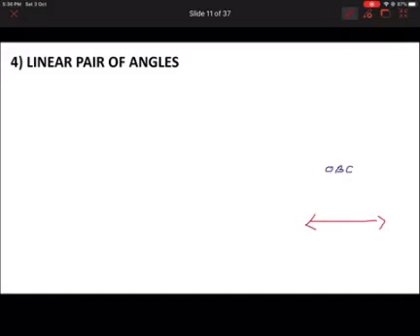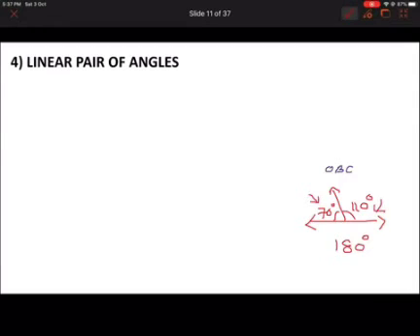Now, if two adjacent angles measure up to 180 degrees, then these two are called linear pair of angles.